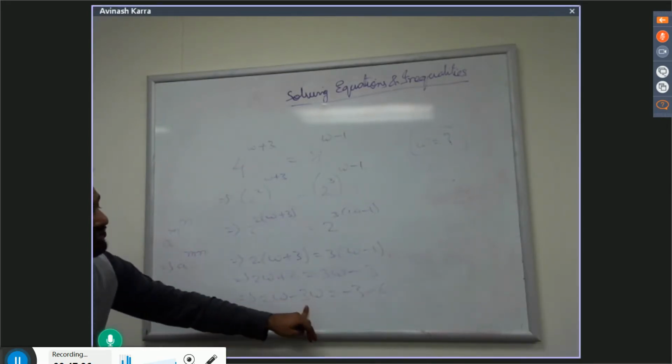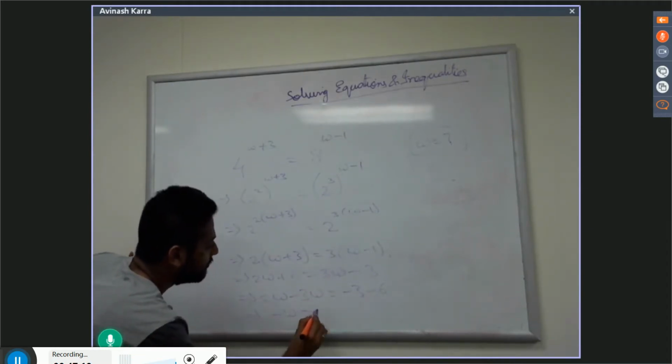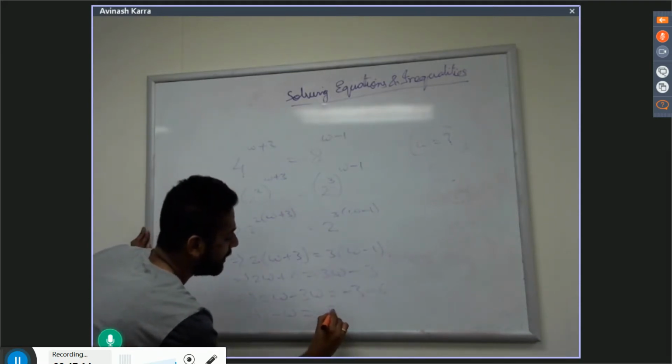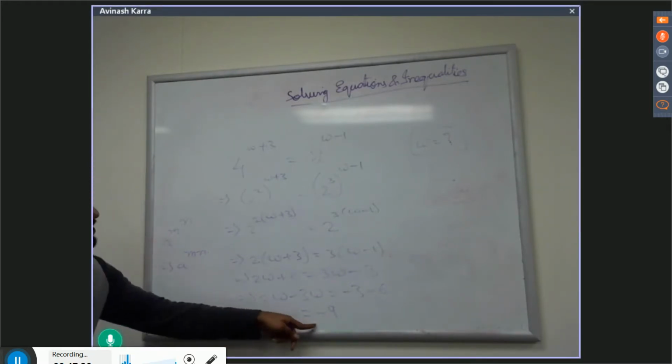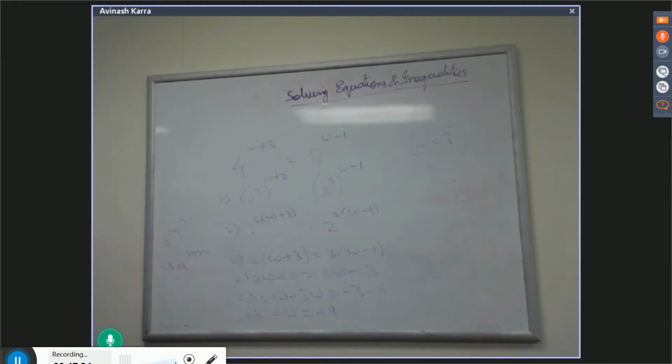So 2w minus 3w is minus w, is equal to minus 3 minus 6, minus 9. Both sides are negative, so I can make them positive also, right? So w is equal to plus 9.